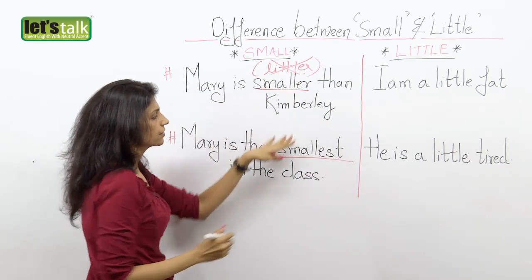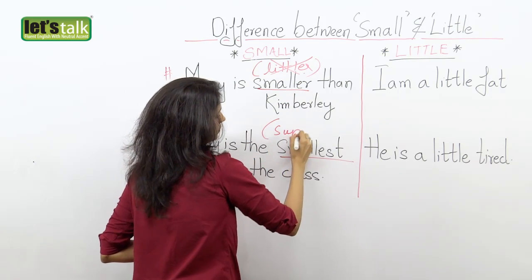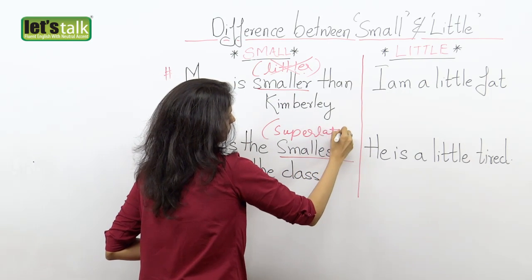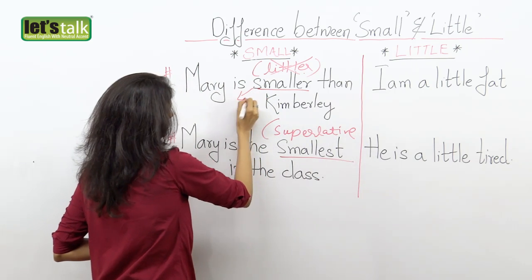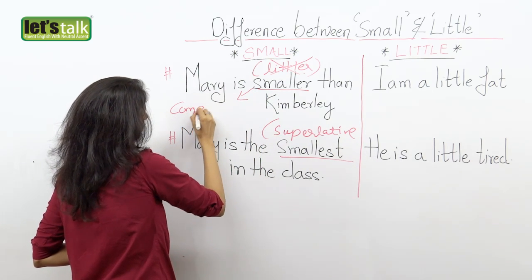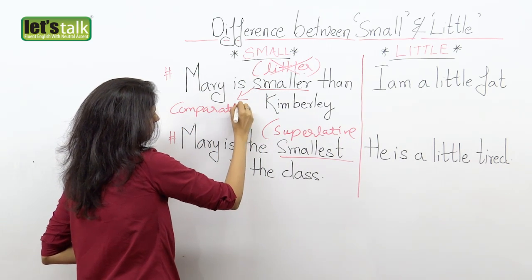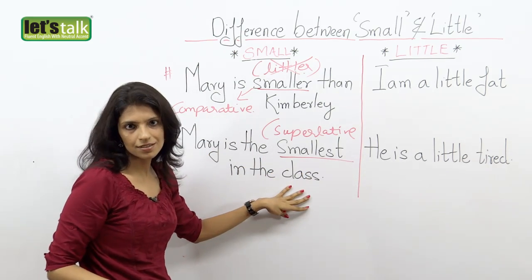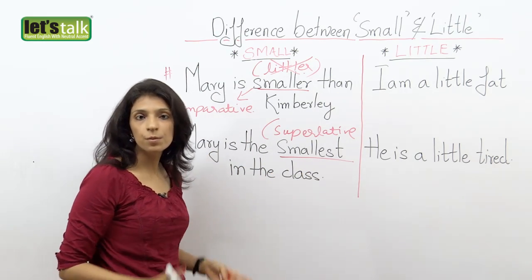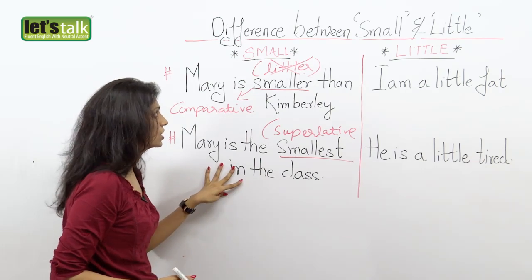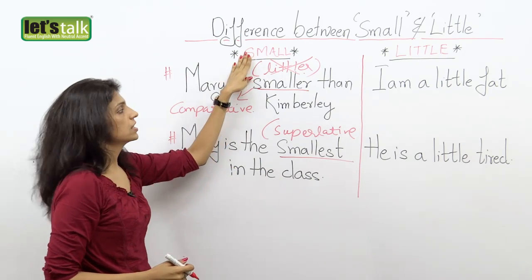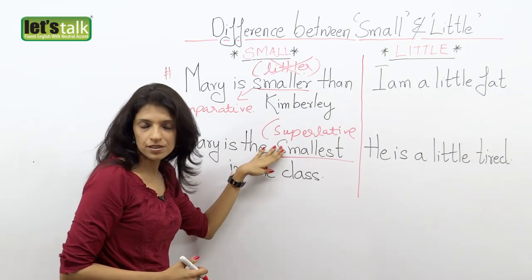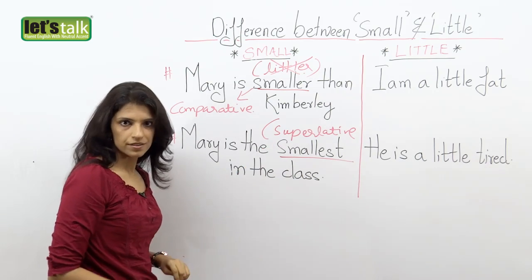Now this is the comparative and this is the superlative. So again, I cannot say Mary is the littlest in the class because little has no comparative or superlative forms. So small can be used in its comparative and superlative form as and when required.